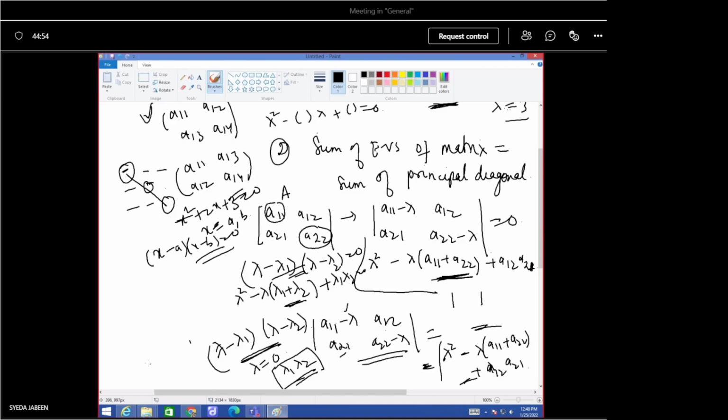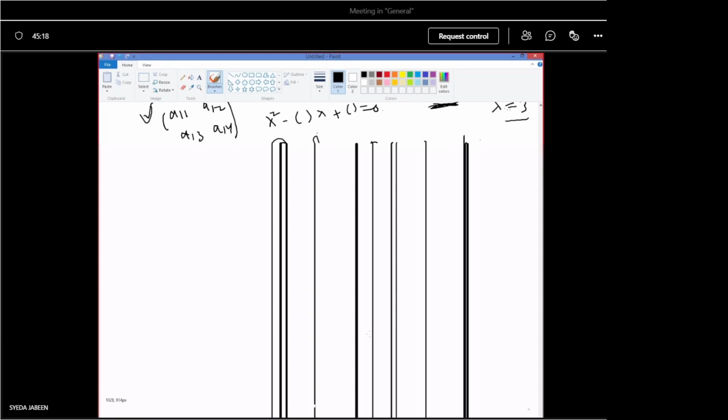So this is another property. The third property is: the product of the eigenvalues of A is equal to the determinant of A. Is it understood how this is coming? Proof is not needed, I'm just explaining. So you can remember this property.